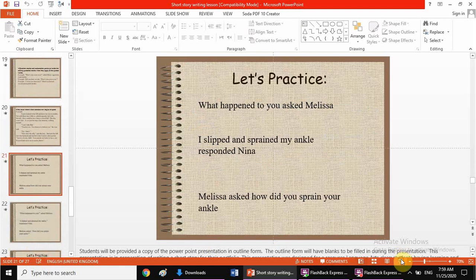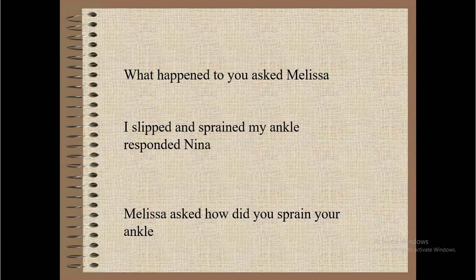So let's practice. Now look at these two quotations here. The first one says, I slipped and sprained my ankle, responded Nina. Now, what are the words that are actually uttered here by the character? I slipped and sprained my ankle. So you have to start with the quotation marks before I slipped and sprained my ankle.